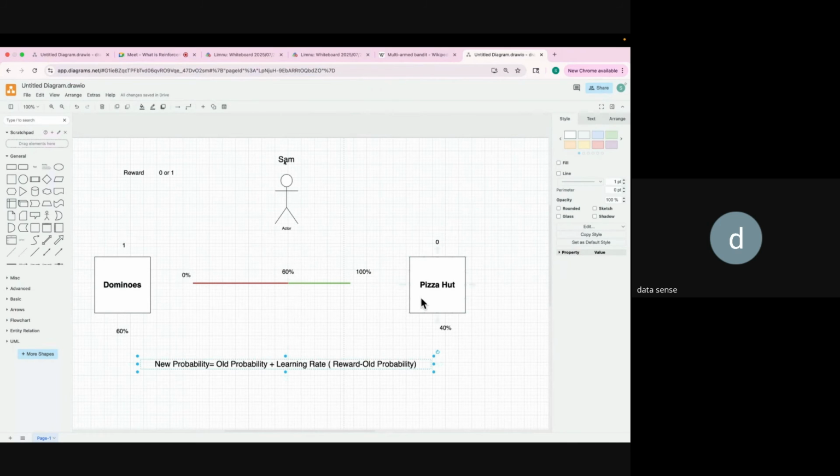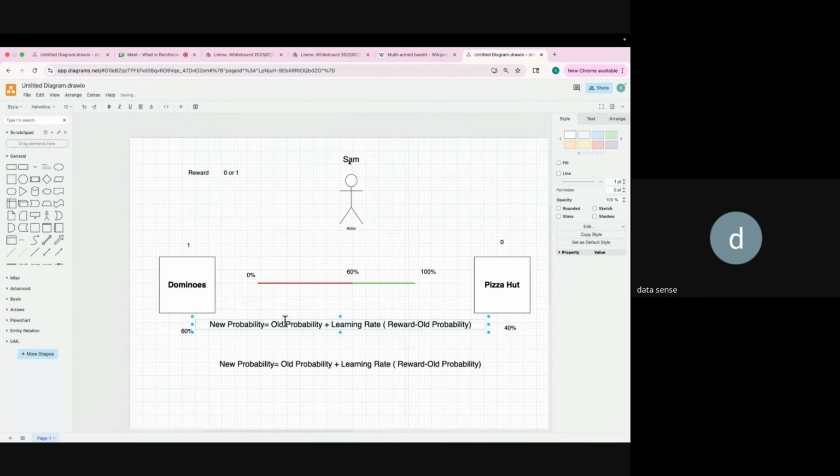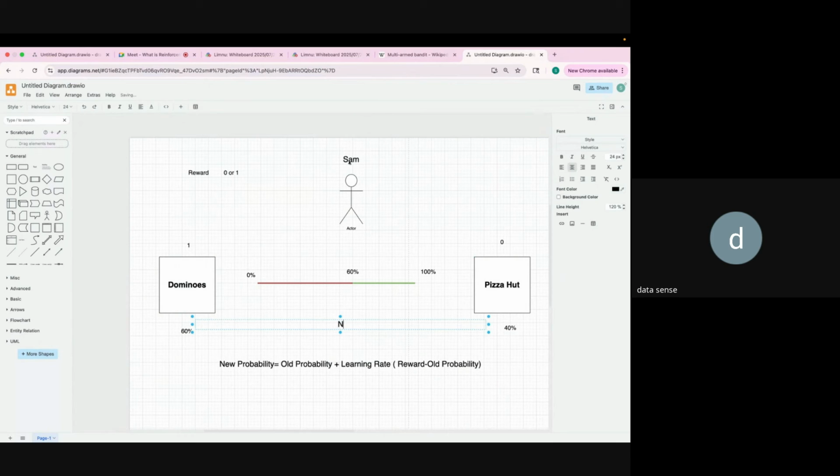So what is the new probability of Pizza Hut? Let's calculate that. It will be 0.4 plus 0.1 into reward. What is the reward? 0. Minus 0.4, so it becomes 0.6 into 0.1, which is 0.06. Is it plus or minus? Negative.